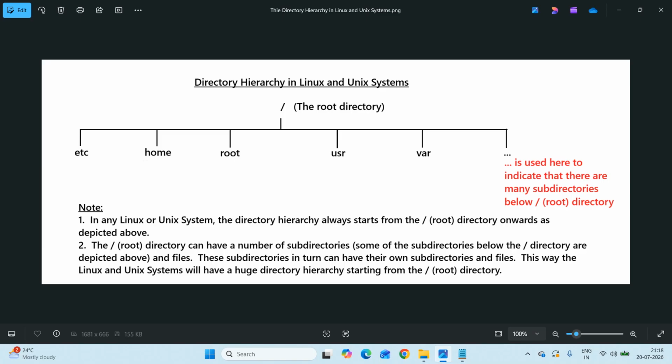Some of the subdirectories below the root directory are depicted here, people, like etc, home, root, and so on. Now these subdirectories in turn can have their own subdirectories and files. This way, the Linux and Unix systems will have a huge directory hierarchy starting from the root directory onwards.